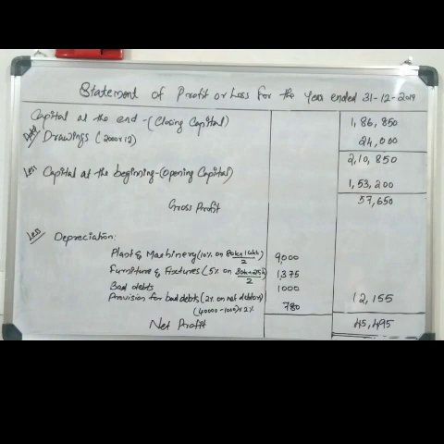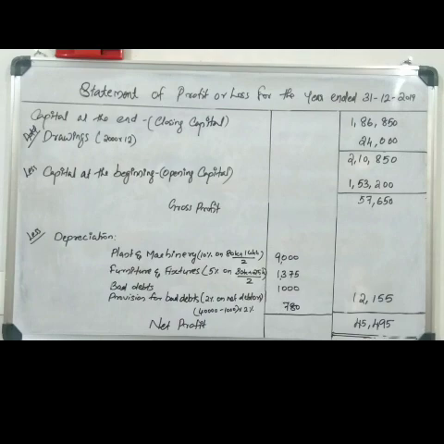Now bad debts are given as 1,000 rupees, and a provision for bad debts has been created at 2%. So this provision will be created on net debtors, that is sundry debtors minus bad debts will come into net debtors, right?